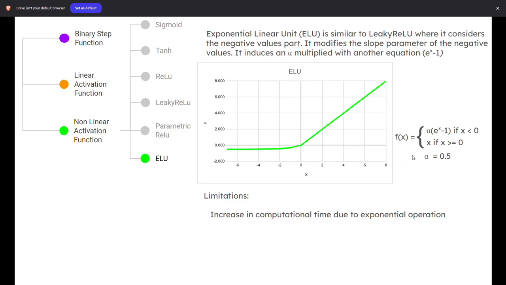As you see, it involves exponential values multiplied with alpha, so the time is going to increase. And the next, there is no learning of alpha and exploding gradient happens. This is just the value which you substitute, so we do not learn the value of this alpha.